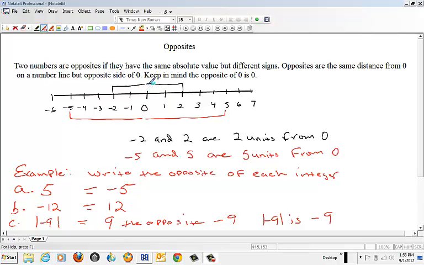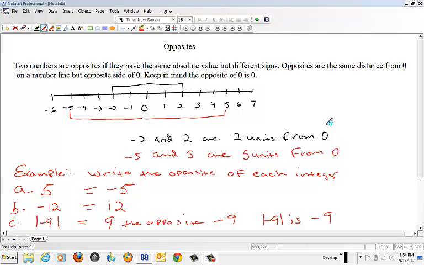So we can say in either case that the absolute value of 2 is 2 and the absolute value of -2 is 2 because they're both 2 units from 0. But if you notice, as the definition said, one is to the left of 0, one is to the right of 0, and they have 2 different signs. One's negative and one's positive. So 2 and -2 are opposites.